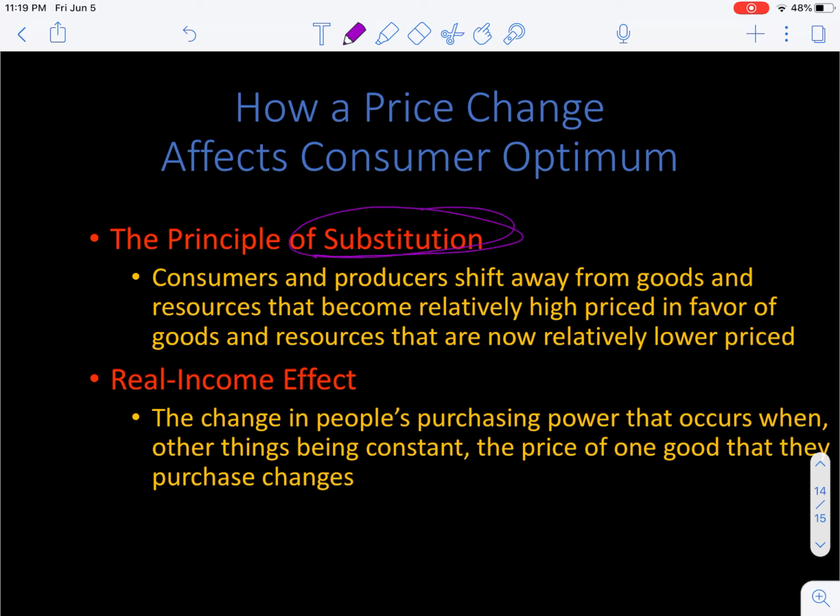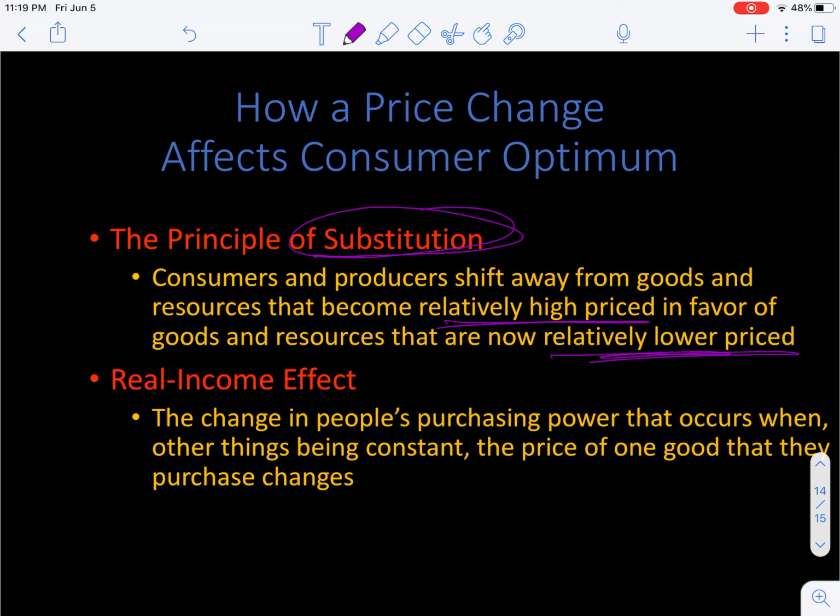One of them is the substitution effect. The substitution effect says that consumers will substitute away from things that are relatively more expensive and toward things that are relatively cheaper.